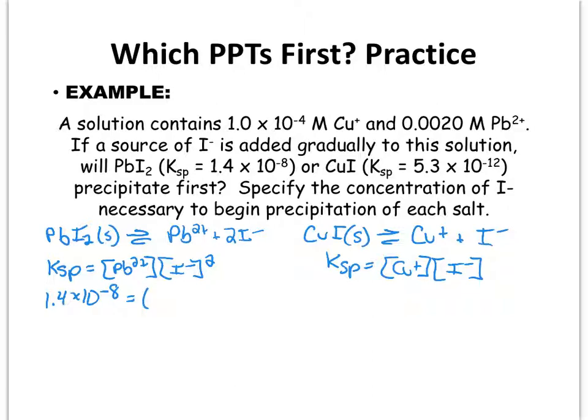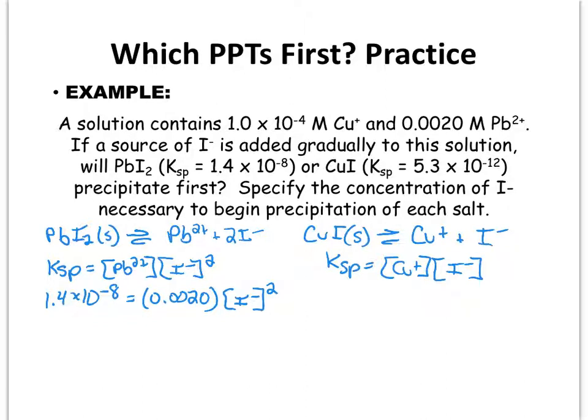So I know the concentration of the Pb2+ is 0.0020, okay? But I don't know the concentration of the I- because that is what we are adding here. Okay, we're adding the I- to the solution. So I'm trying to figure out the concentration of the I- that would make this precipitate out.